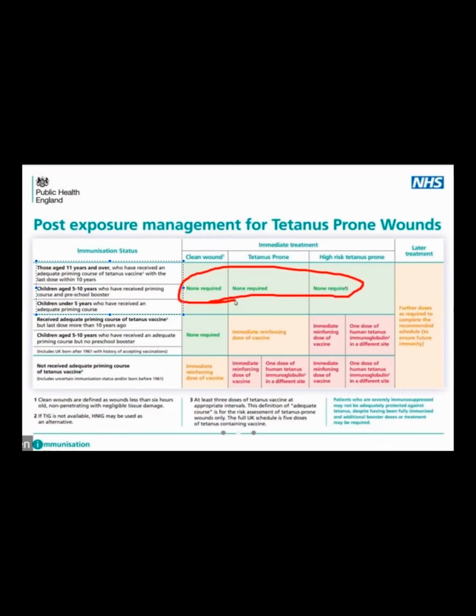Is it clear? So anyone who has already had a vaccine in the last 10 years, he doesn't need anything, whatever the wound type. Finish. This is the first thing.